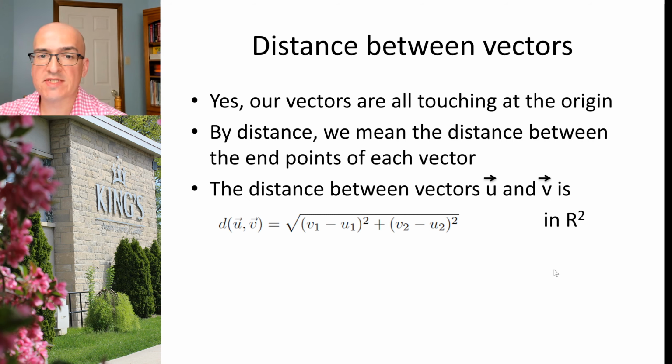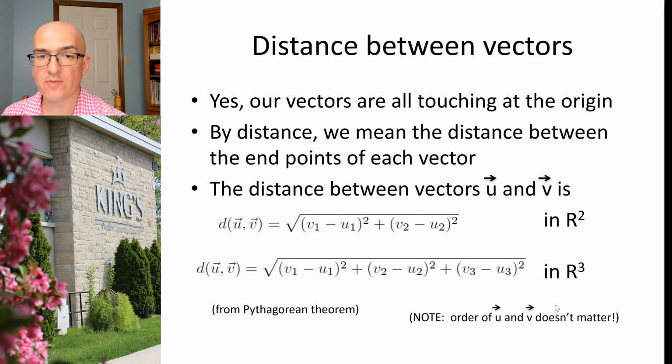We'll define this distance between endpoints using the Pythagorean theorem. So the formula is that the distance between the vector u and the vector v is given by the square root of the difference in the x components, all squared, plus the difference in the y components, all squared. So if the vector u has components u1, u2, and the vector v has components v1, v2, then that's what this formula would correspond to.